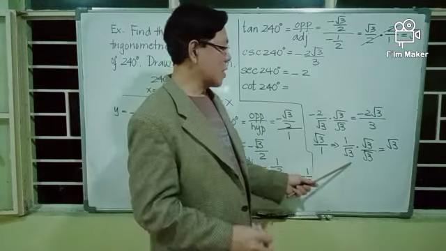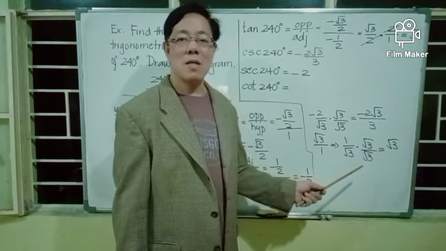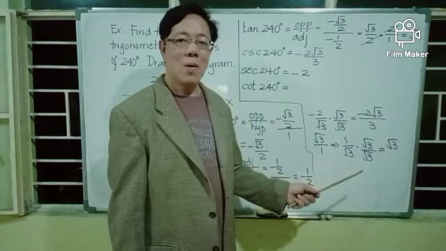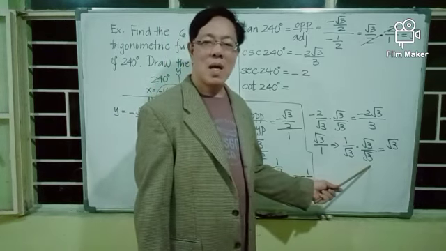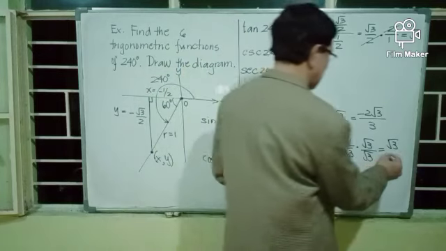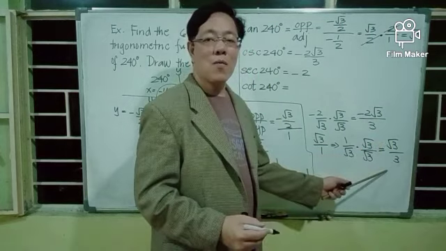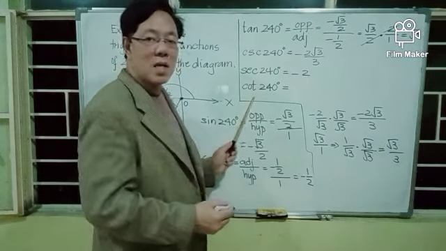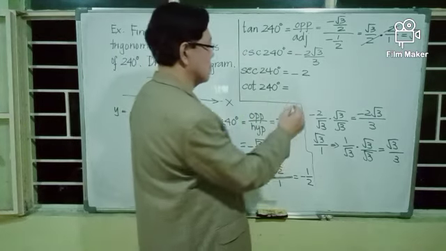And square root of 3 times square root of 3, by the property of radicals, is the square root of 9, where 9 is the product of 3 here and 3 here. And square root of 9 is 3. So square root of 3 over 3 is the value of cotangent of 240 degrees.